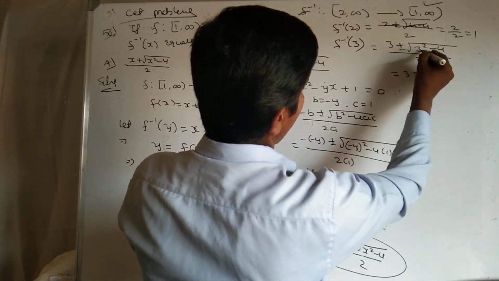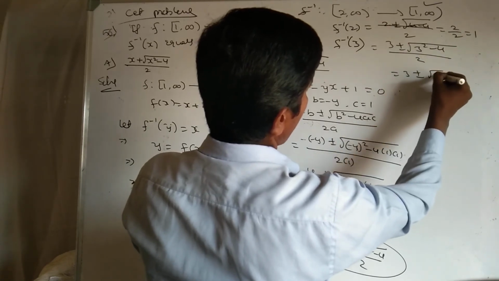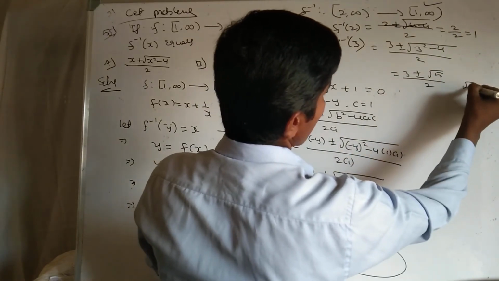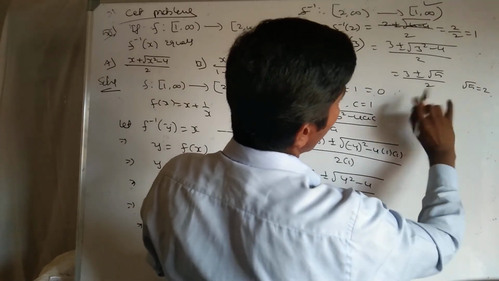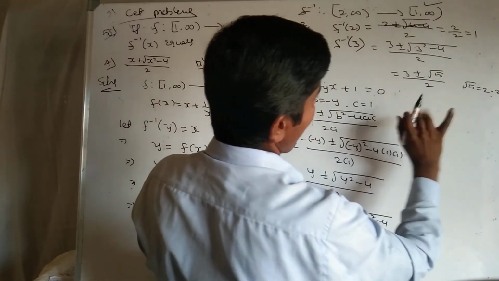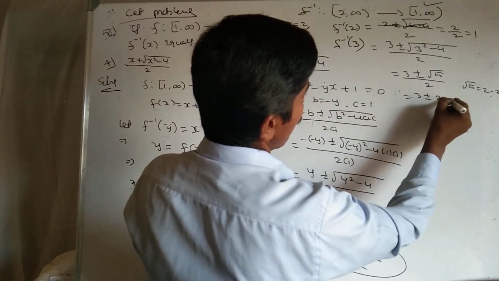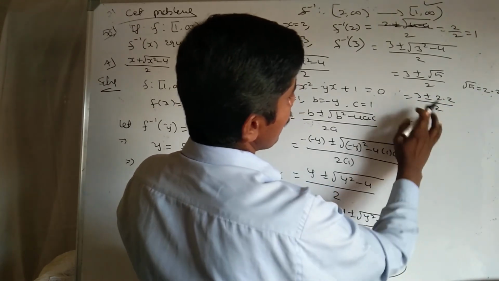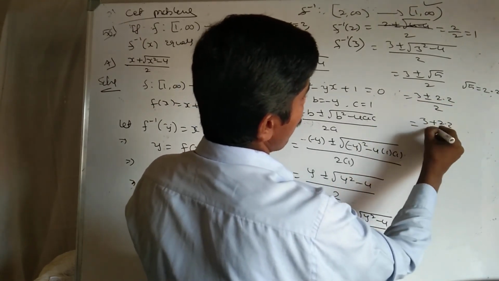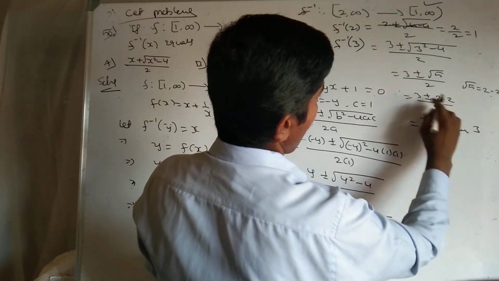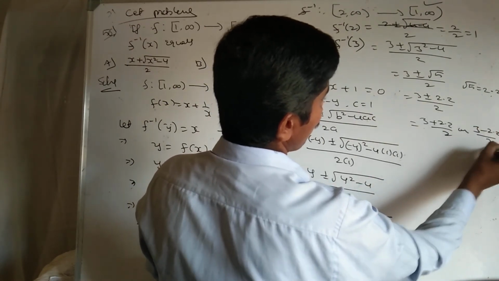That is 3 plus or minus root of 9 minus 4, which is root 5, divided by 2. Root 5 is approximately 2.2. So 3 plus 2.2 divided by 2, or 3 minus 2.2 divided by 2.